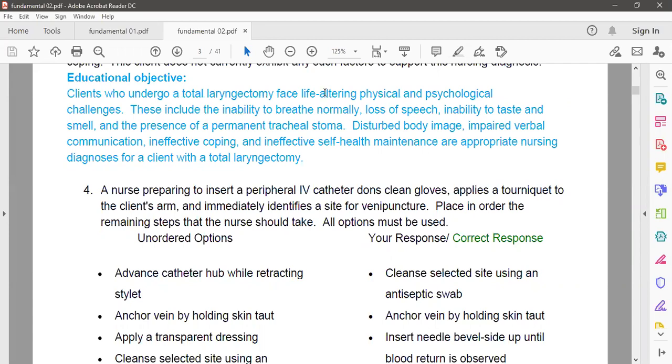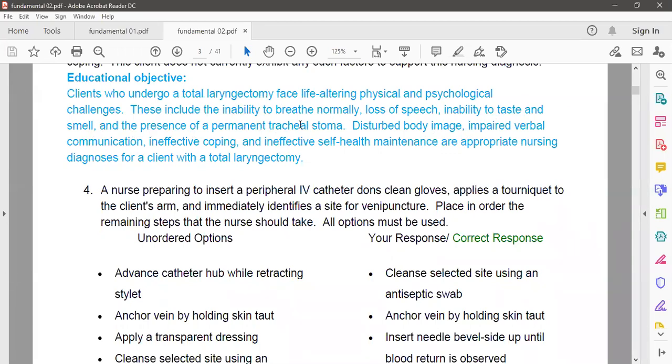Loss of pitch or hoarseness, inability to taste and smell, breathing difficulties. Sometimes patients complain of excessive cough and cough with blood strain. Presence of a permanent tracheal stoma after the tracheostomy operation.